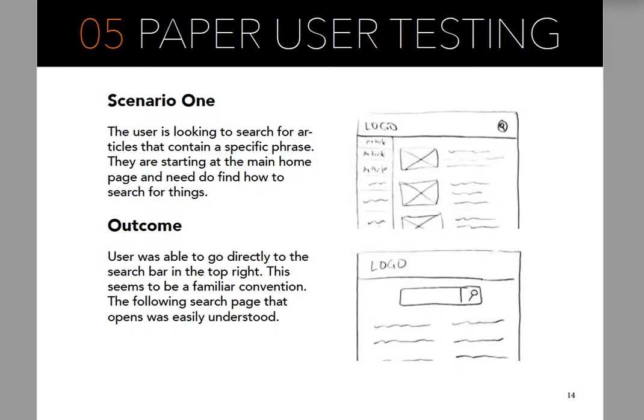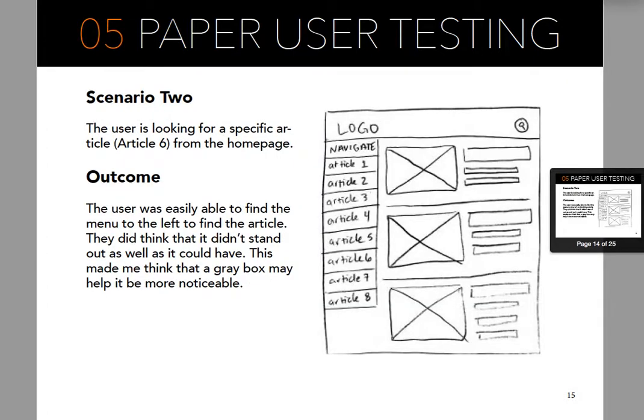So you can see this first scenario, I was trying to help the user understand how to search for different topics. And one thing that I came to the decision of is that I would have to pull up an entire search bar so as to cover all the other content and information, just to make it simple so they'd be able to focus on the task that they were trying to accomplish.